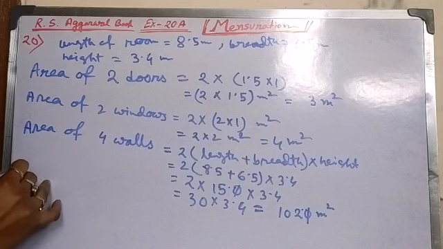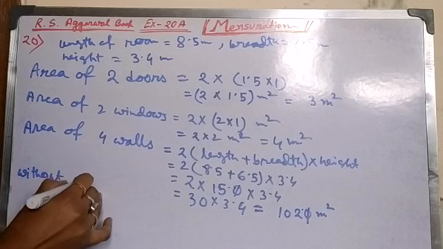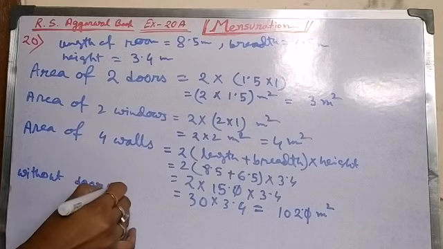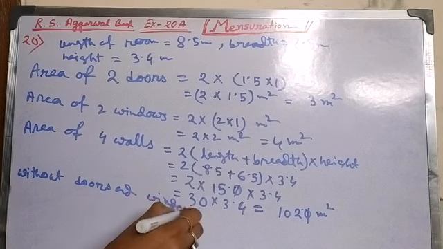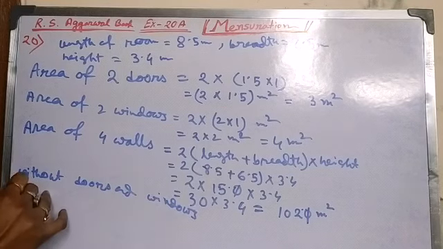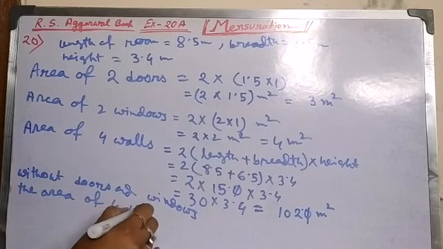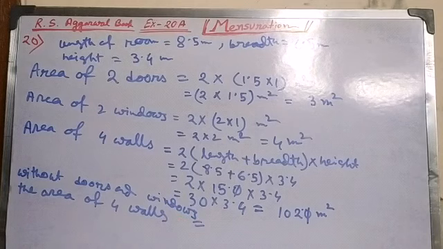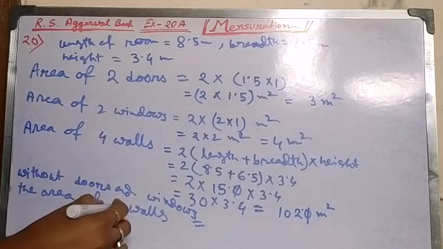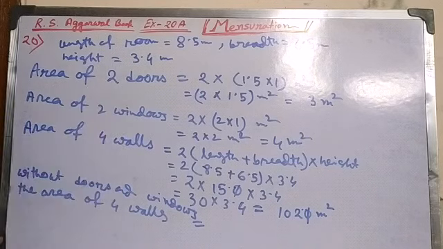Then from this 4 walls area, the doors area and windows area will be deducted. That means the area of 4 walls without doors and windows. That means painting will be done only on the 4 walls, not in the empty space of the door and window.